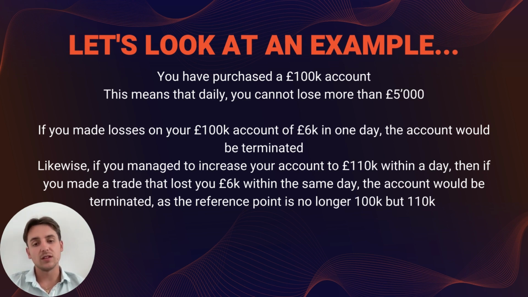So that's the simple side of the 5% rule. On the slightly more complex side, which is why we're making this content, because we operate a floating one as well, it's referenced to your highest account balance during a 24-hour period.